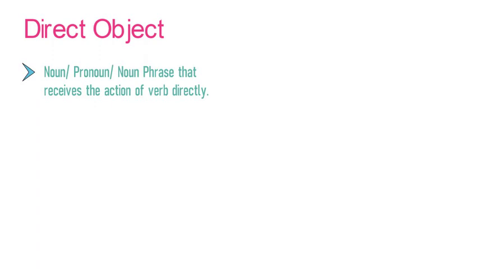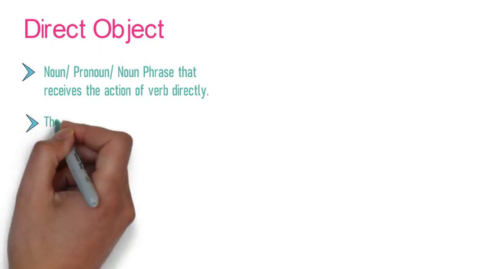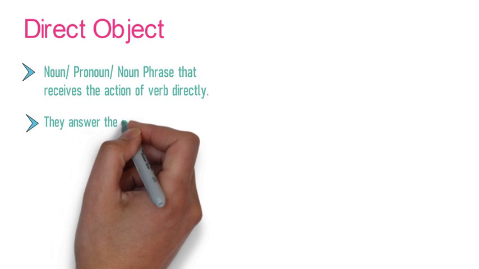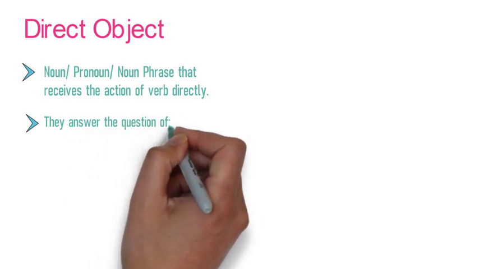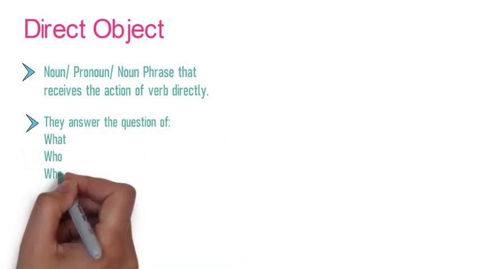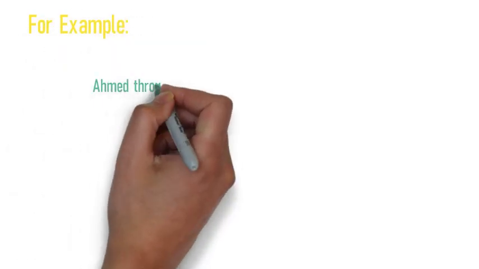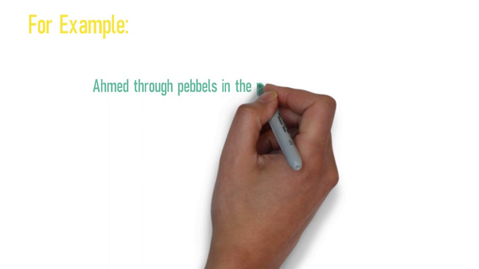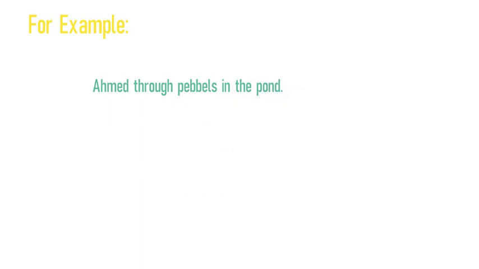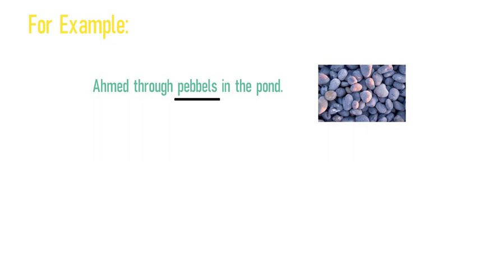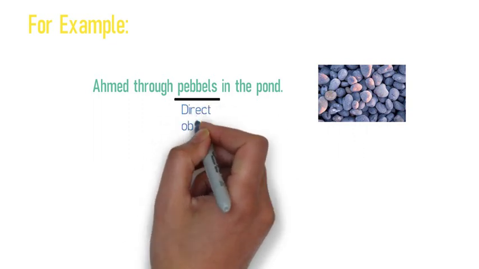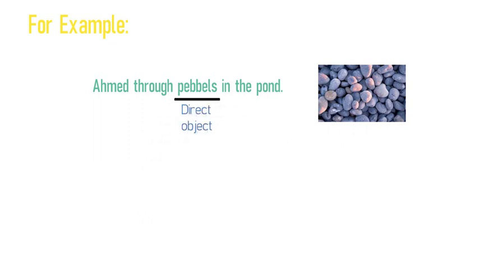Direct objects answer the question of what, who, whom. For example, Ahmed threw pebbles in the pond. What did Ahmed throw? Pebbles. So pebbles are the direct object because they receive the action of the verb directly.